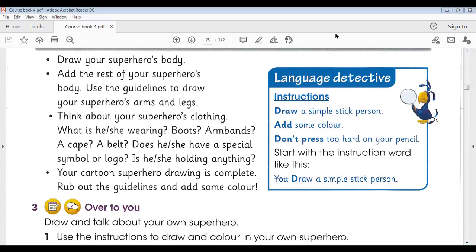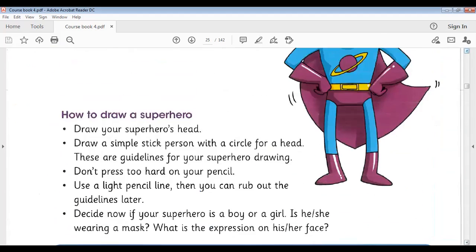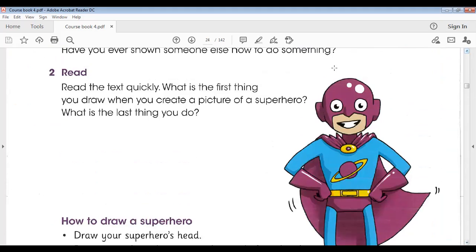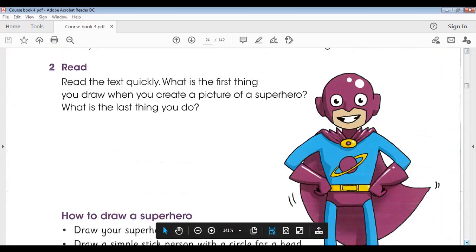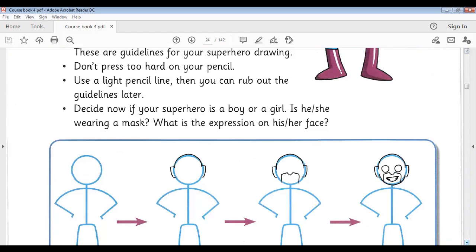I also shared the answers of activity 2. Activity 2 asked what the first step is when we want to draw a superhero and what the last step is.